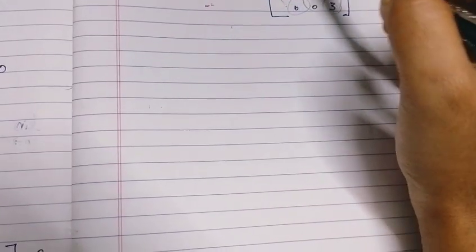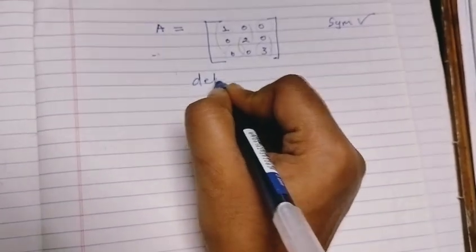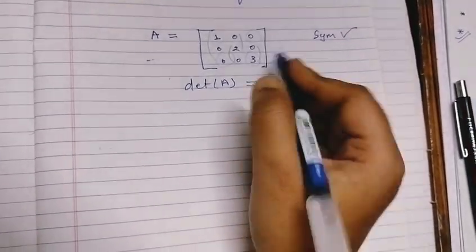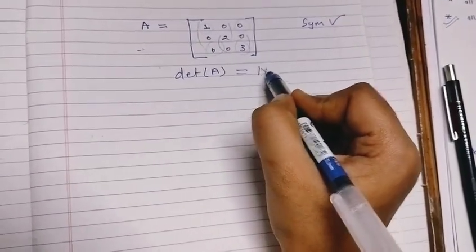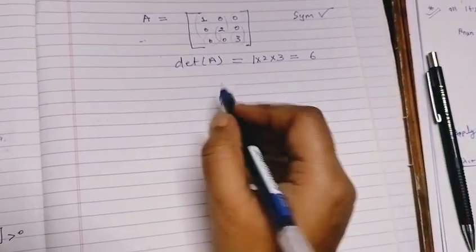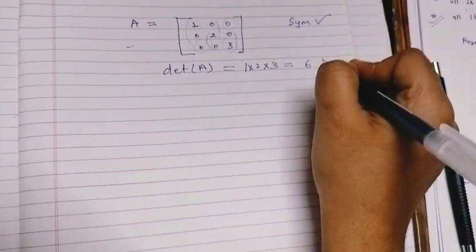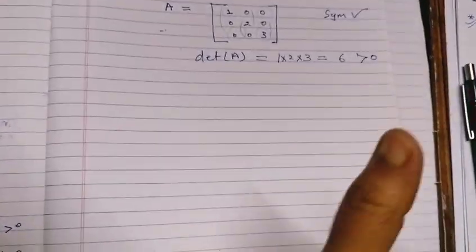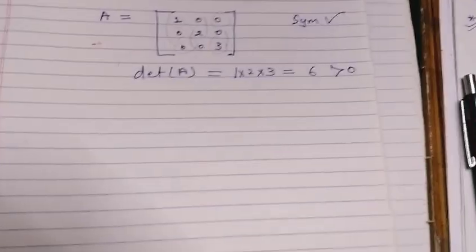And the principal minor of order 3 of A is nothing but determinant of A. So what is the determinant of A? Here it is 1 into 2 into 3, the product of all diagonal entries, so it is 6, which is greater than 0. That means all leading principal minors are positive and all its eigenvalues are positive.